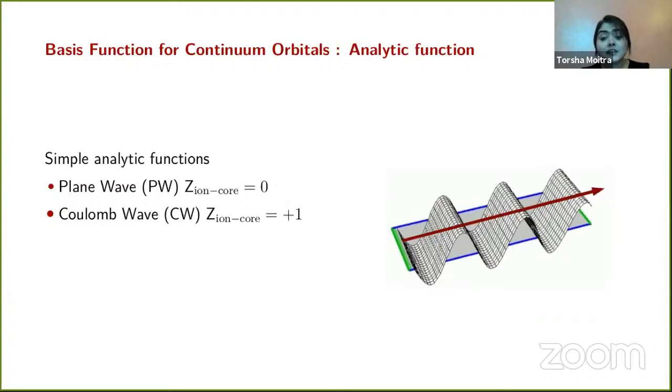This is ideally the case for photodetachment processes. And the Coulomb wave formalism considers that the ionized core has a positive 1 charge.